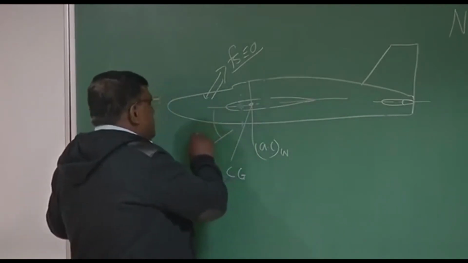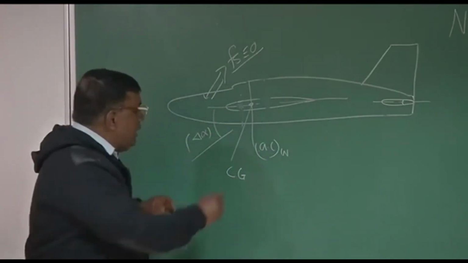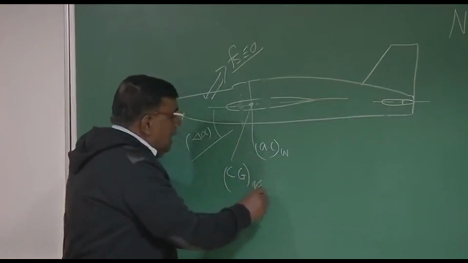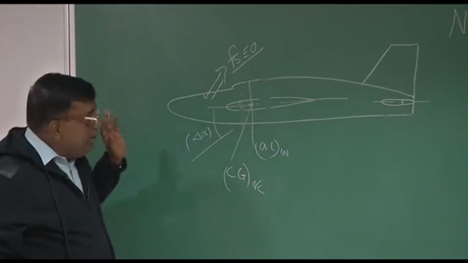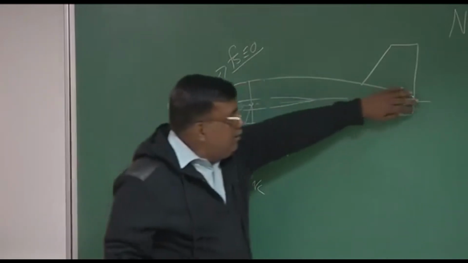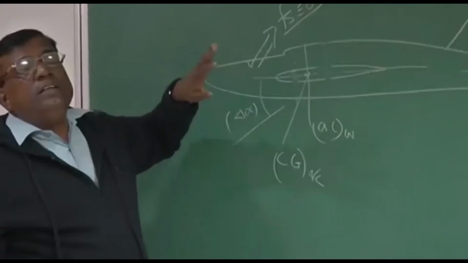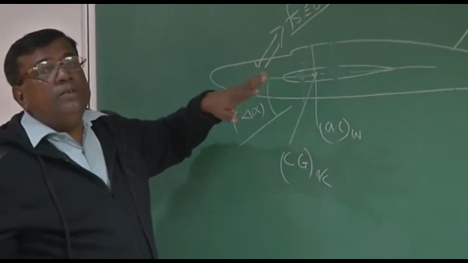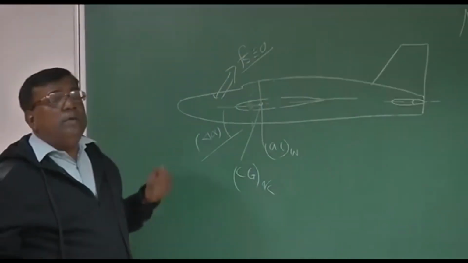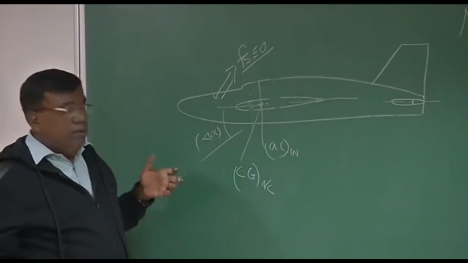If the CG of the aircraft and the AC of the wing are at the same point, when the tail was not there, we realized it is a neutrally stable case, right? So it will not generate any Cm for alpha. So dCm by d alpha will be 0.